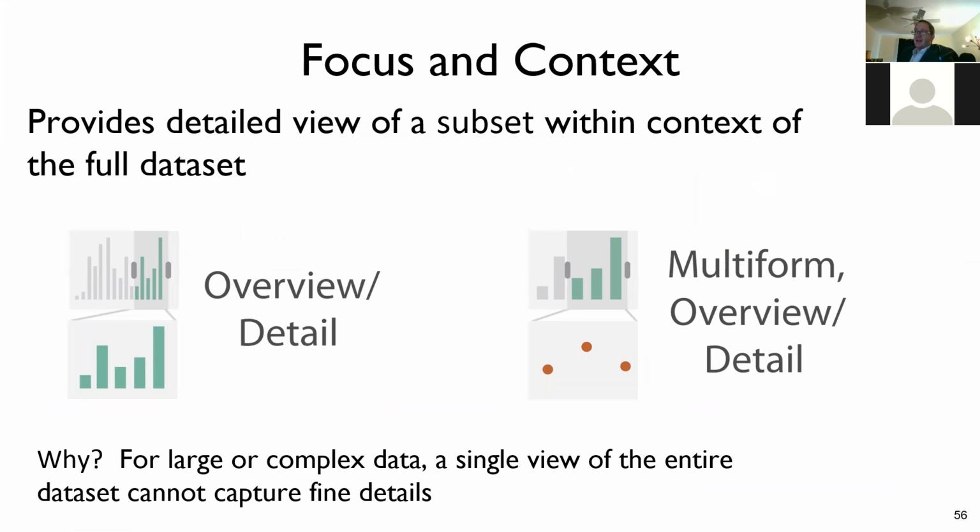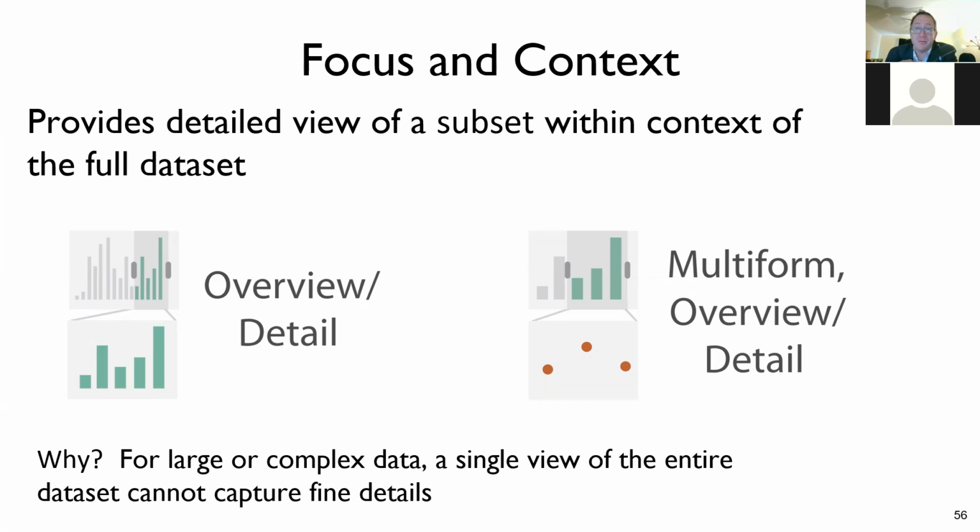We also have one other thing. There's overview plus detail, and there's multiform and overview plus detail, but that's just overview plus detail. When we look at focus plus context, we're going to get into this. Sometimes I've got too much data at once, and sometimes I want a different view because I want to see a zoomed in version of it. If you've played Warcraft, or any of these real-time strategy games, you've seen this.